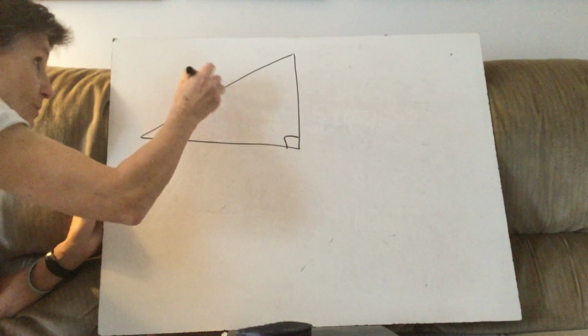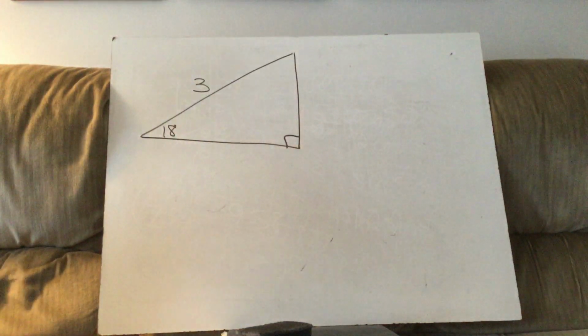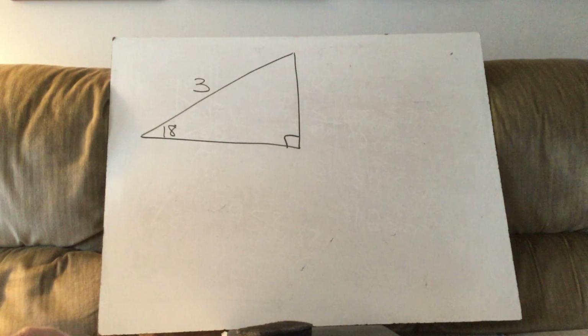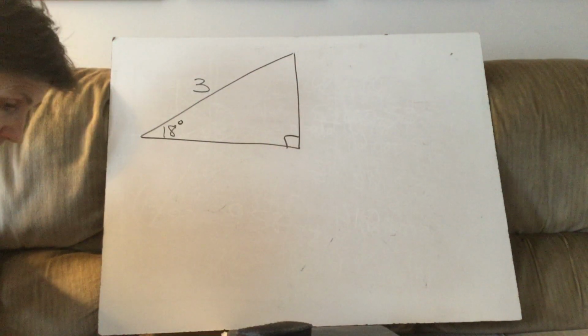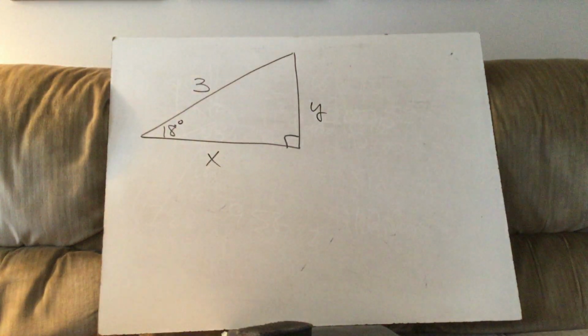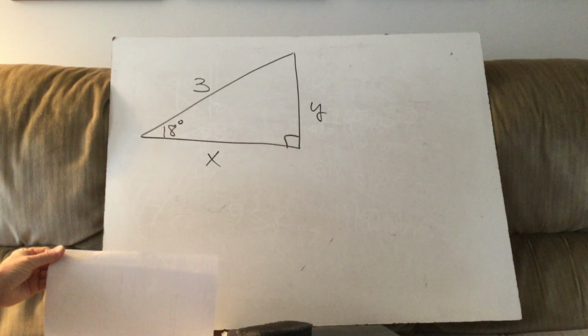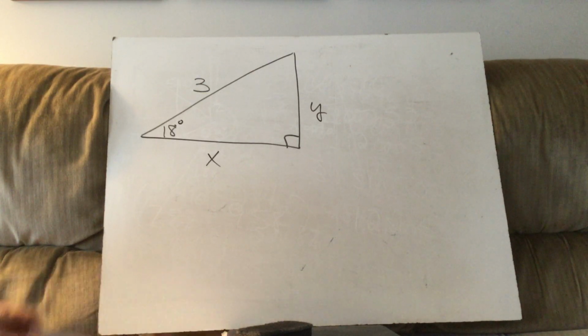You've got a magnitude of 3 and an angle of 18. And you want to find the component form of the force. So components, remember, anytime it says components, guys, you're talking about x and y.